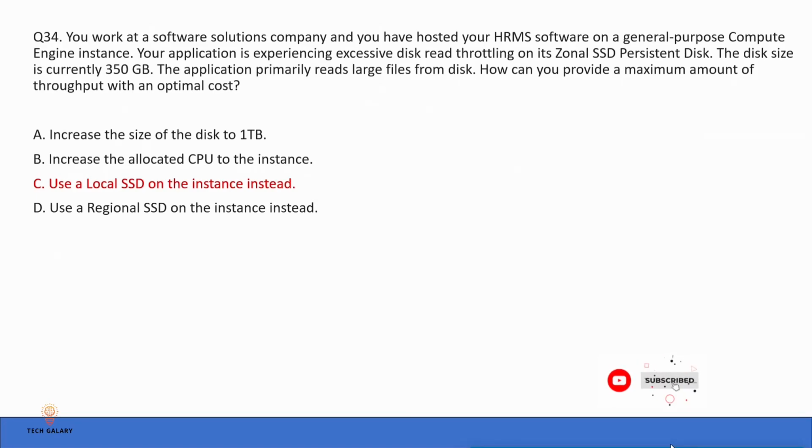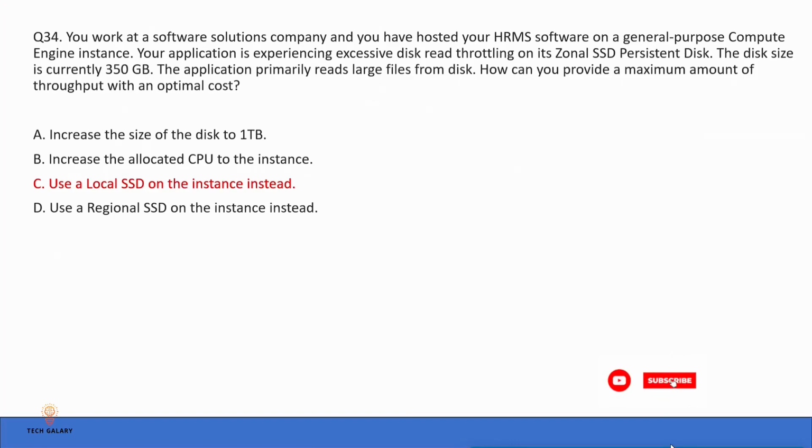This option is also not correct because increasing the CPU allocation does not affect disk IO performance. Again, the issue is with the disk read throttling and not the CPU capacity. So increasing the CPU allocation may only help with CPU intensive tasks, but it will not address the performance issue related to excessive disk read throttling. So this option is not correct.